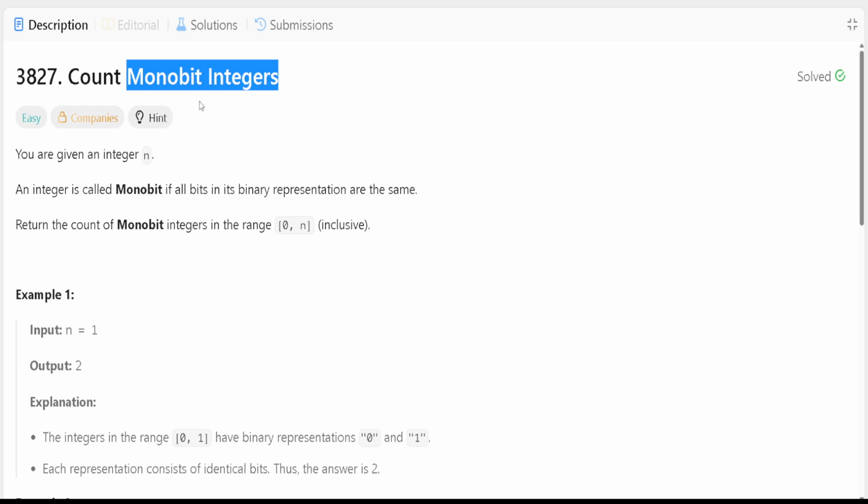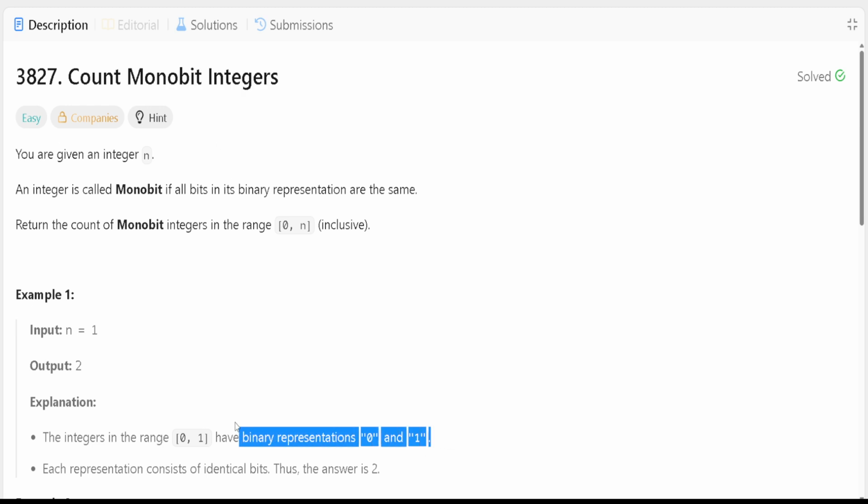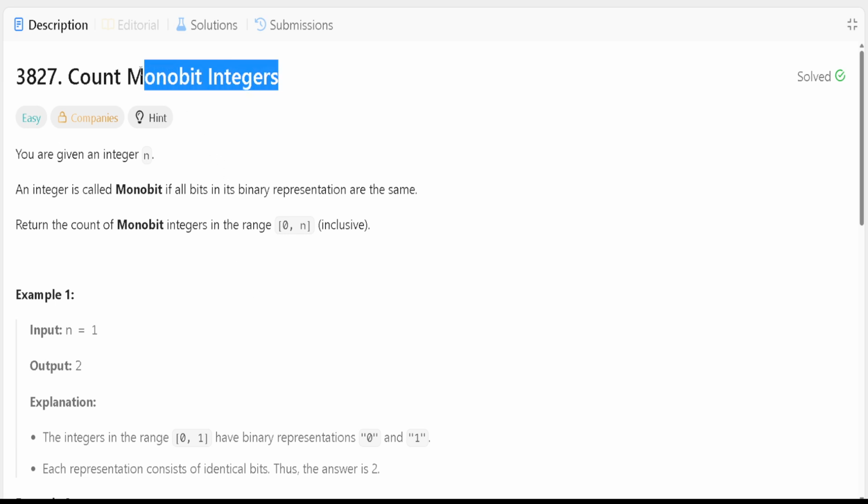That means the binary string must be either all zeros or all ones. The same type of bits is called monobits. You must count how many such numbers lie in the range between 0 and n.